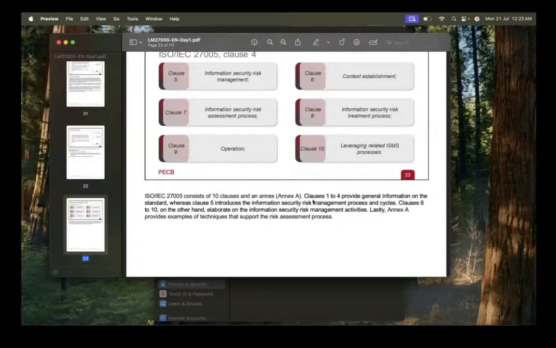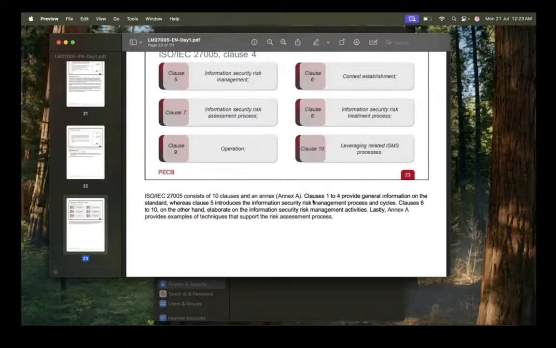Clauses 1 to 4 actually provide general information on the standard, whereas clause 5 introduces the information security risk management process and cycles, and clauses 6 to 10 elaborate on those activities. To conclude, clause 1 to clause 4 provide general information.